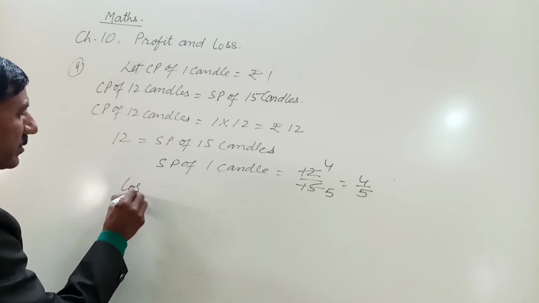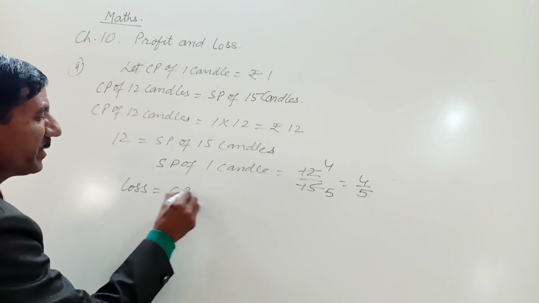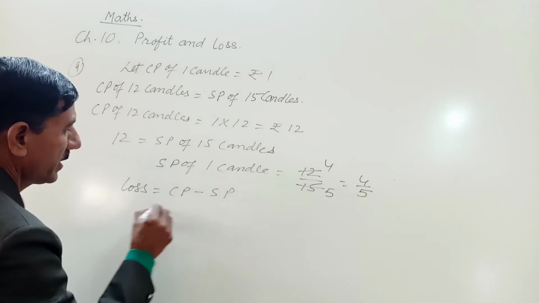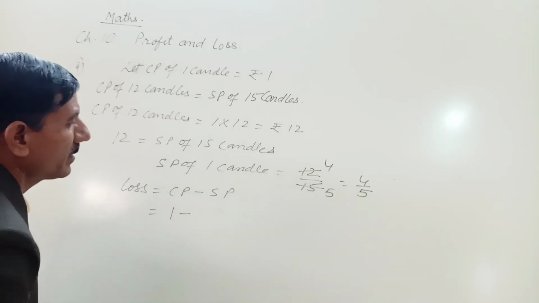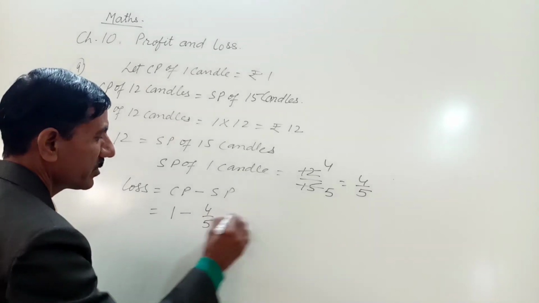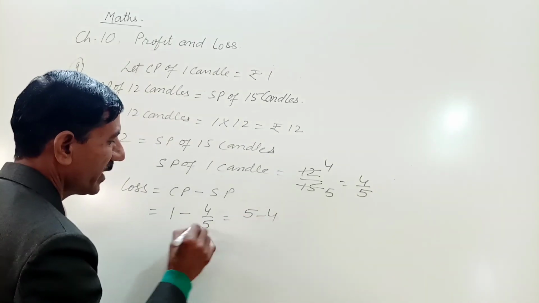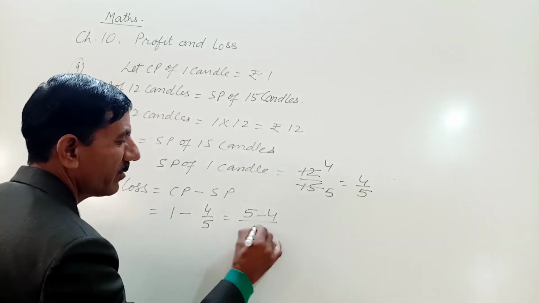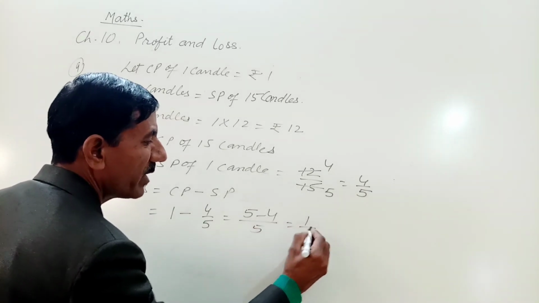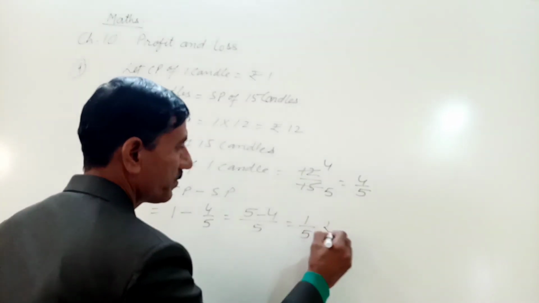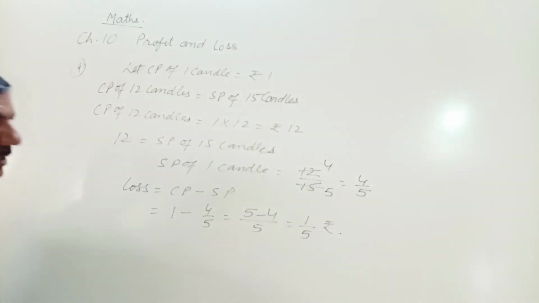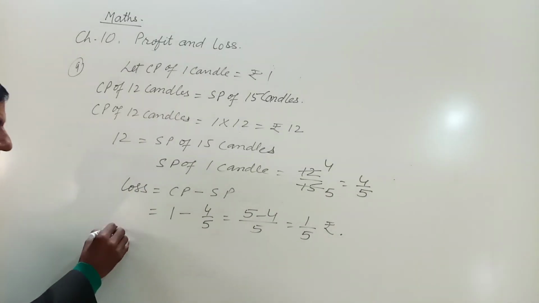And so loss is equal to CP minus SP. CP is rupees 1 and SP is rupees 4 upon 5. So 5 minus 4 upon 5, loss of 1 by 5 rupees. Find loss percent.